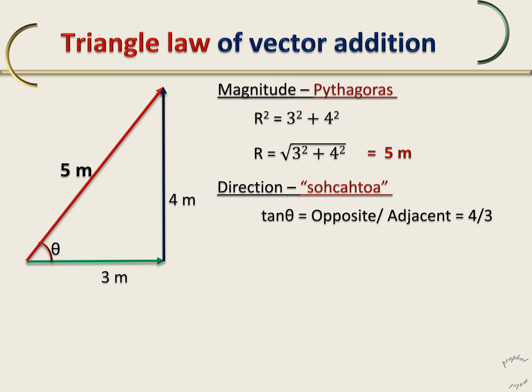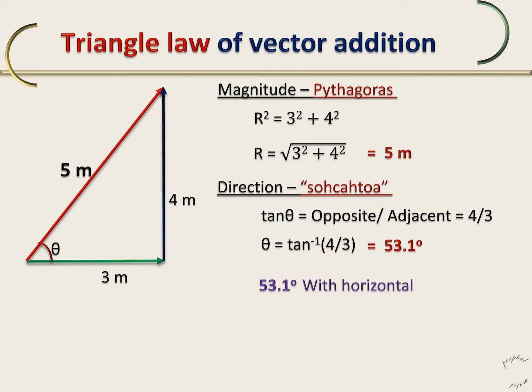Here the opposite of the angle theta is 4 meter and the adjacent side is 3 meter. That's why I have taken 4 by 3. So tan theta is equal to 4 by 3, or theta is equal to tan inverse 4 by 3. You can do it in your calculator and you get 53.1. That is the direction of our resultant vector.